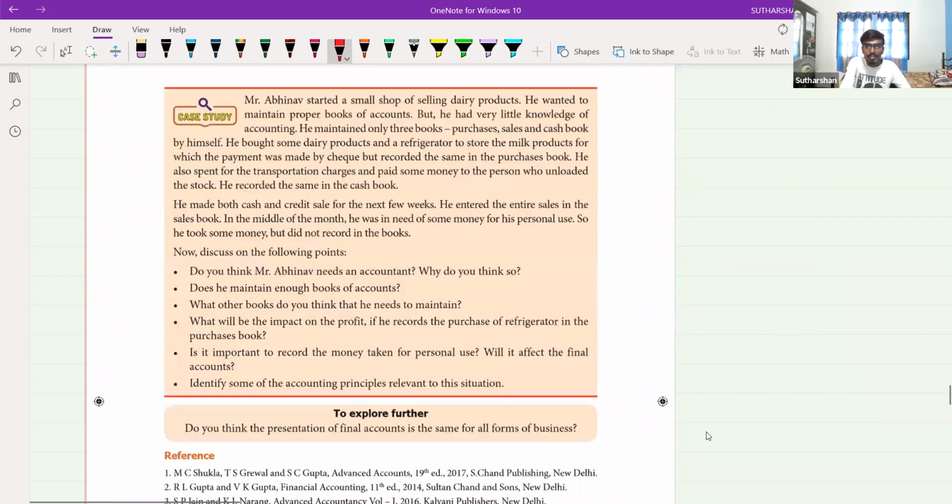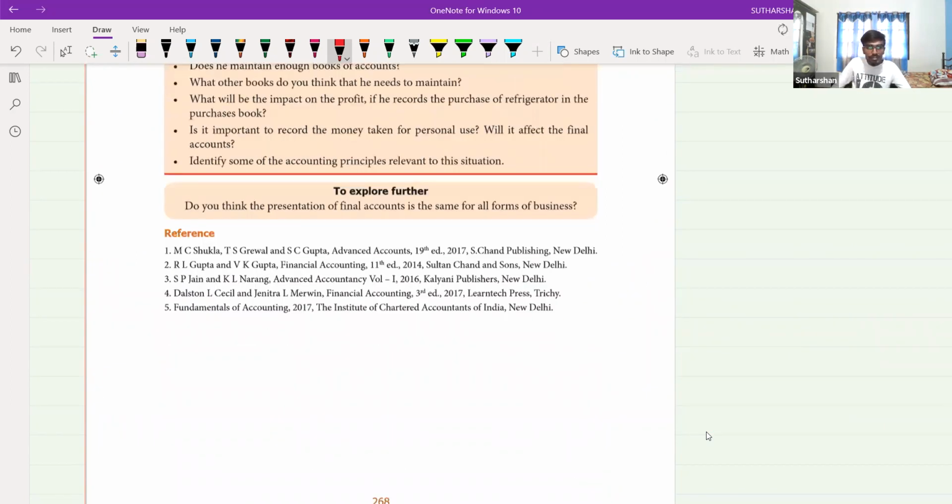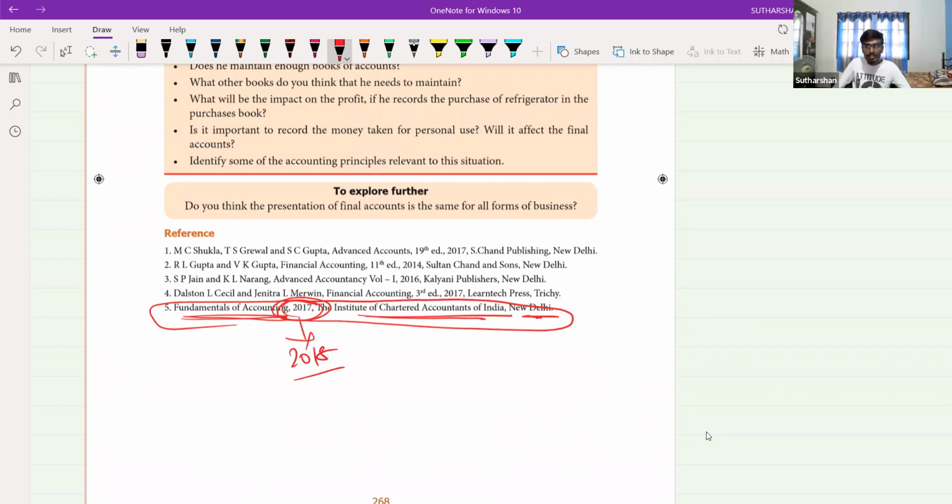Okay, with this I want to give you the reference. Read this fifth point: Fundamentals of Accounting, 2017 syllabus, Institute of Chartered Accountants of India, New Delhi. Now we are using the 2018 syllabus. We are also using Fundamentals of Accounting, the 2017-18 syllabus only. In 2017 it is CPT; from 2018 onwards it becomes CA Foundation.